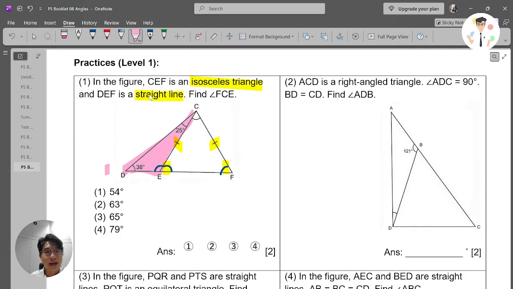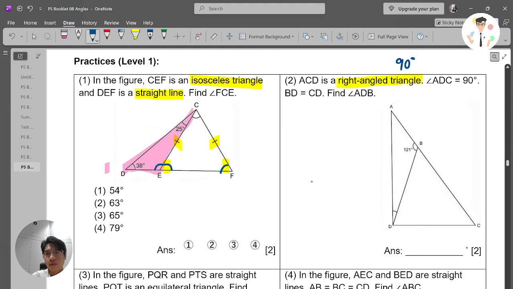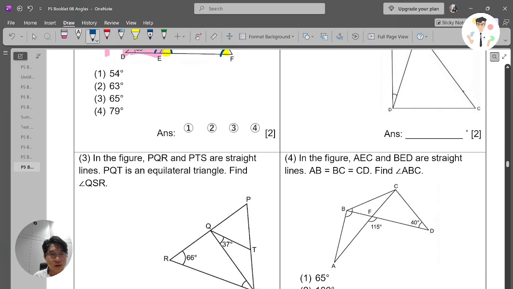So next one. ACD is a right angle triangle. Now, the words right angle triangle hint to you that somewhere else is supposed to be 90 degrees. Now, you need to find out where it is. Oh, perhaps the question is actually very nice to tell you already. Next one, you can see question 3, it uses the words what? Straight line, equilateral triangle.